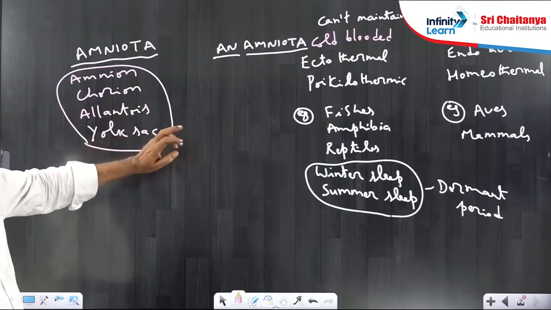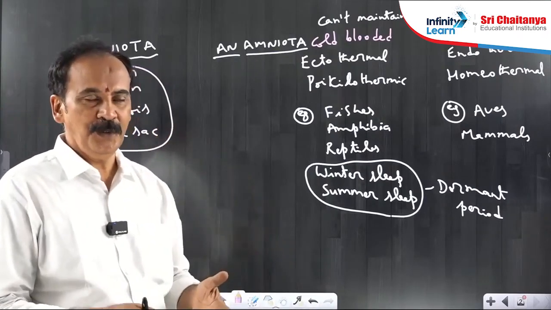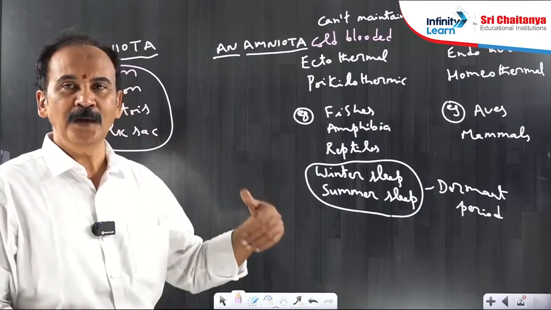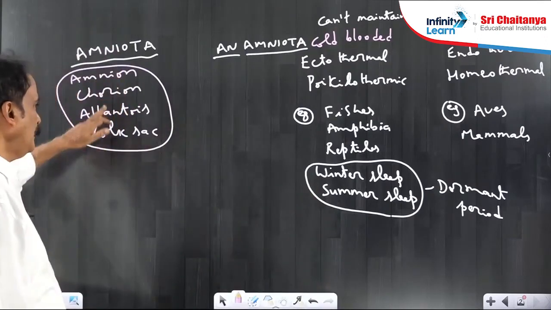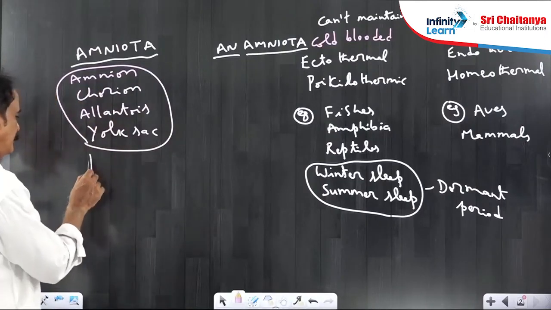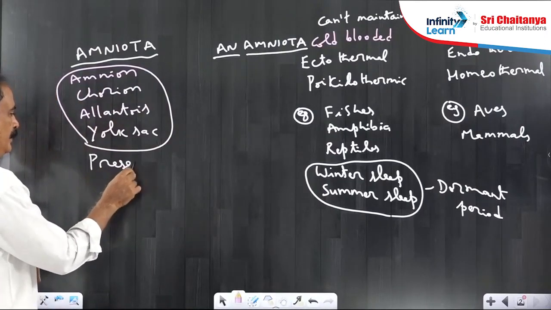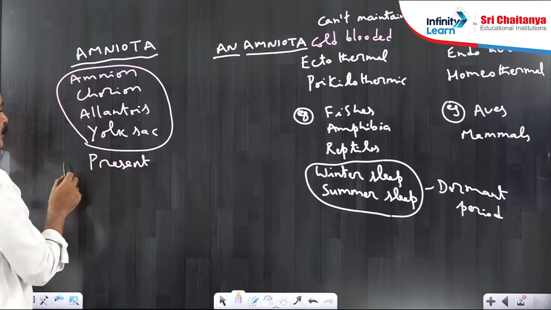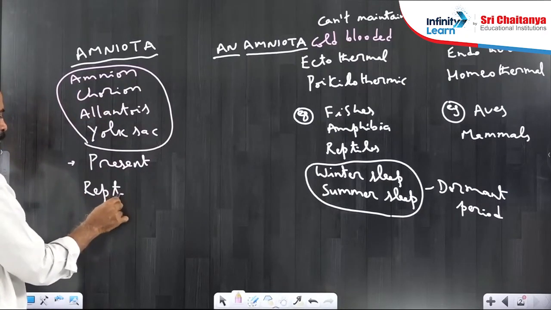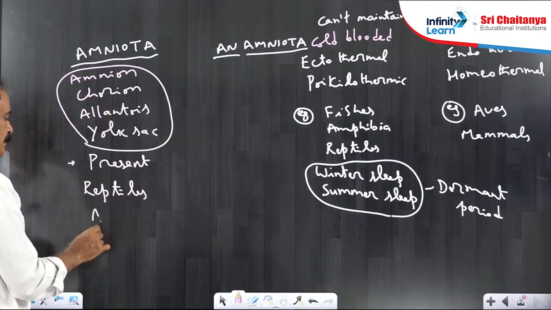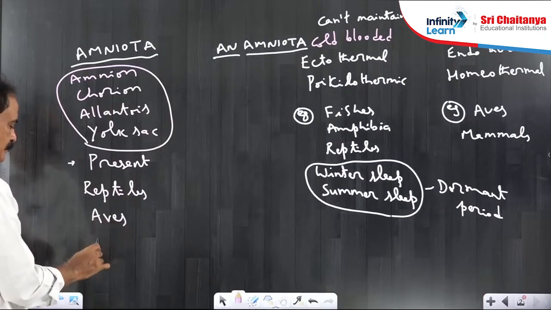Yolk sac, as you know, stores the yolk that helps in providing nourishment to the developing embryo. So, when these membranes are present, it comes under the group called amniota. This includes reptiles, aves and mammals.